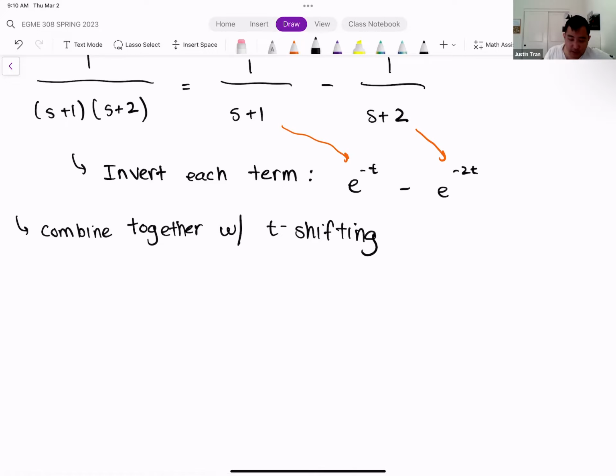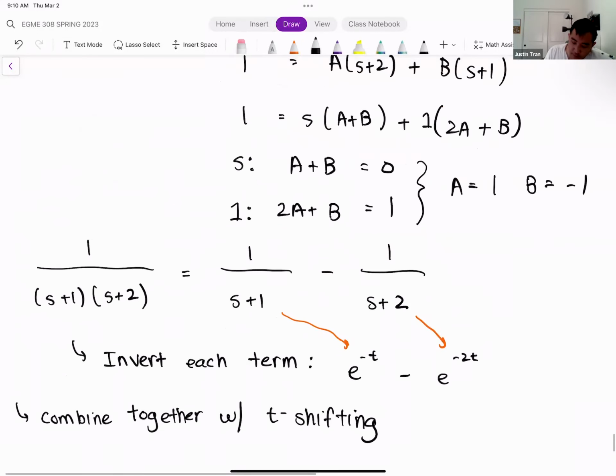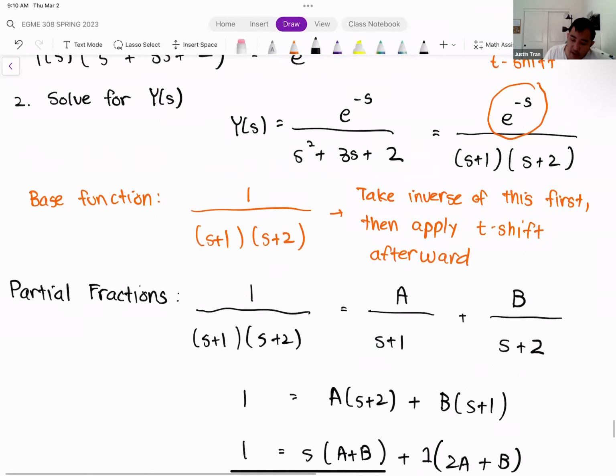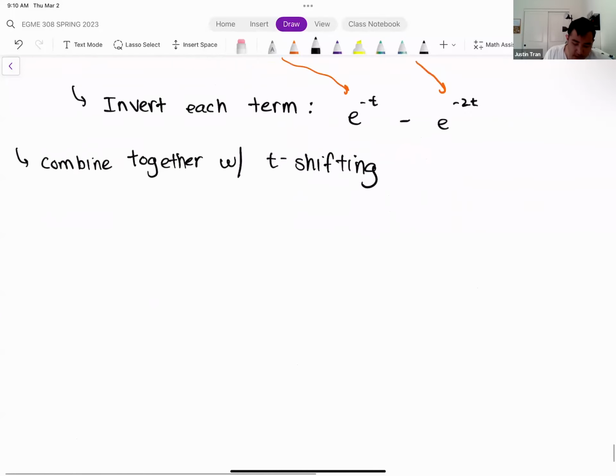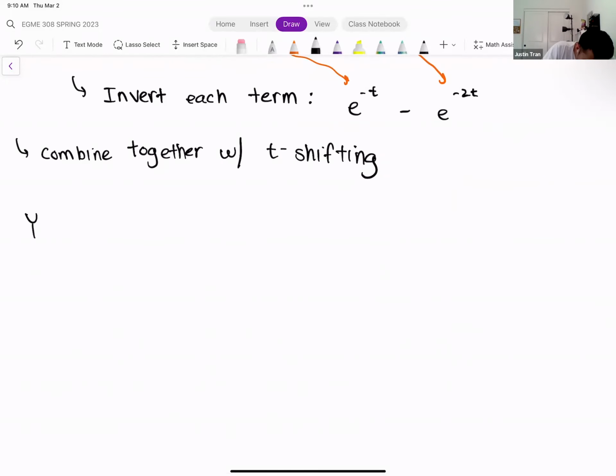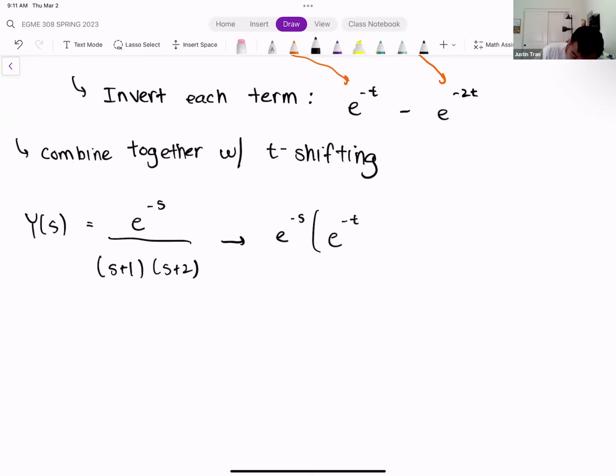All right, so now let's combine this together with the t shifting, because if you remember, our y of s up here had that e to the minus s up top. So let's move that down here. So y of s is equal to e to the minus s divided by s plus 1, s plus 2. We've already inverted the base function, and so the base function, we're going to have e to the minus s multiplied by e to the minus t minus e to the minus 2t.